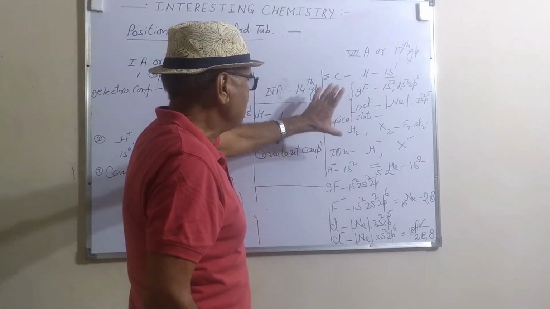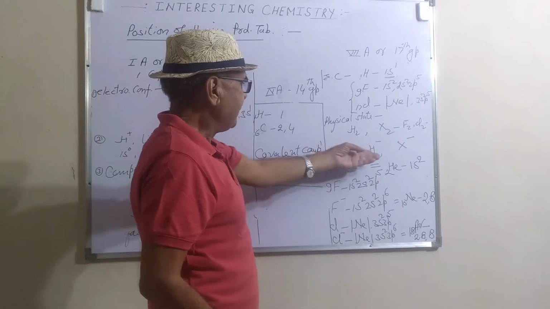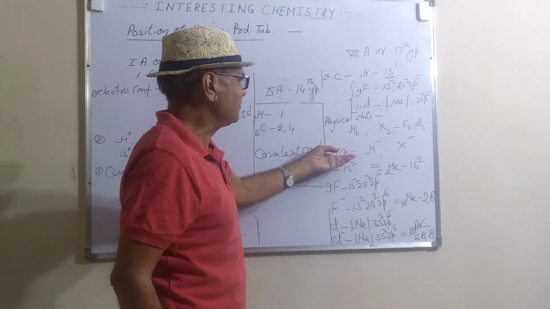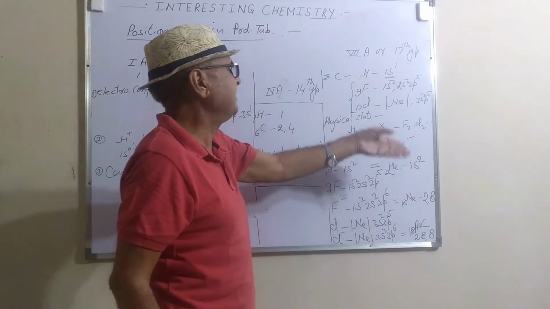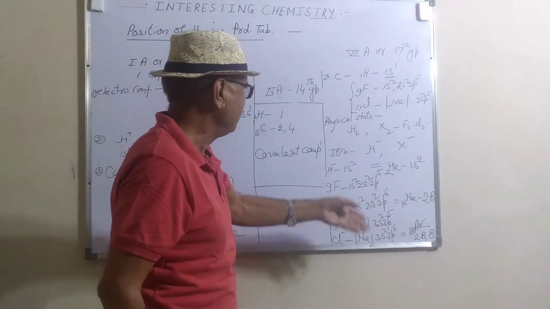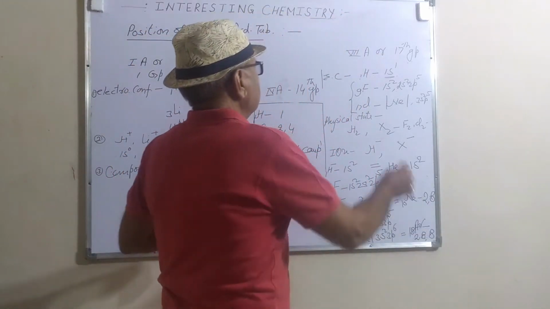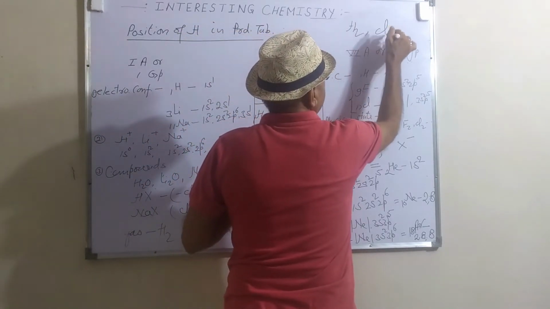From the point of view of electronic configuration, now the summary: as hydrogen forms H negative, all the halogen elements form X negative, Cl negative, F negative, and so on. In this way, you can place it. Again, hydrogen is a diatomic molecule, H2.